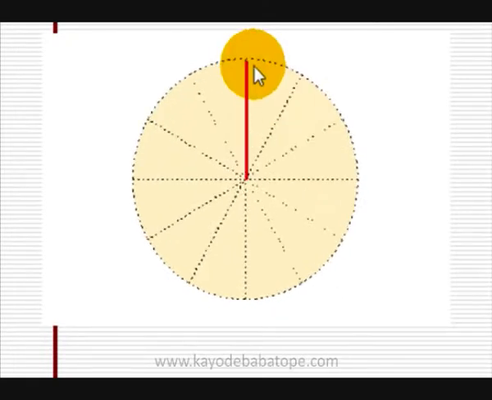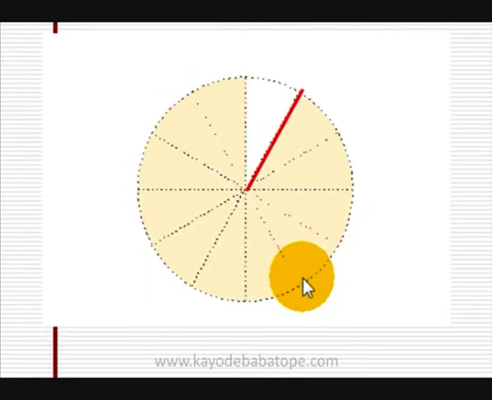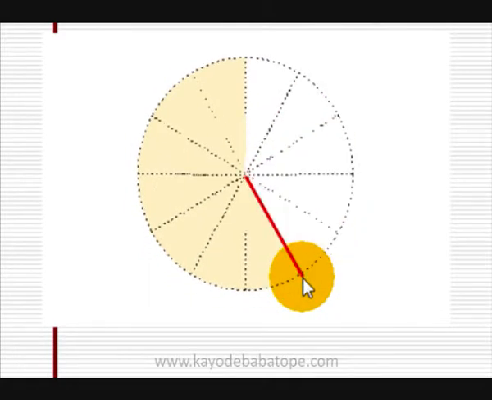Now, this is the face of a clock. This is 12 o'clock. This is 1, 2, 3, 4, 5. So this is 5 minutes past, 10 minutes past, 15 minutes past, 20 minutes past, 25 minutes past. So by the time the minute hand moves 25 minutes, we are asked, what is this angle that it has made?